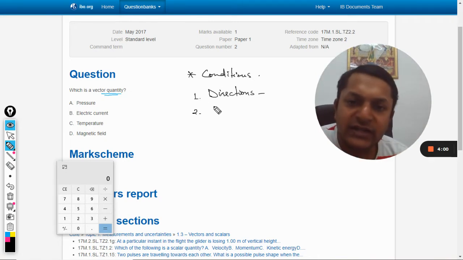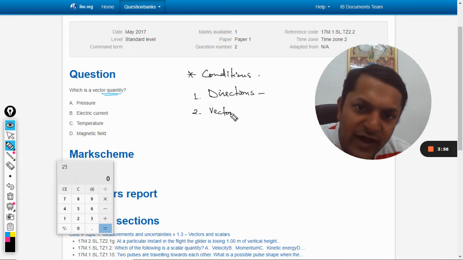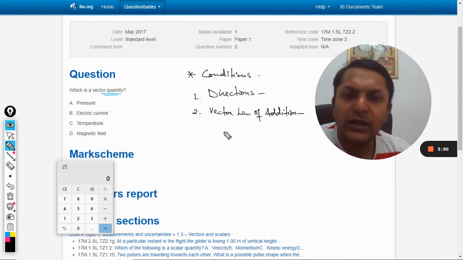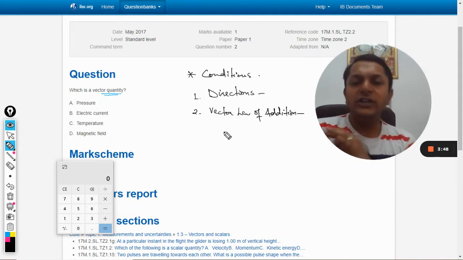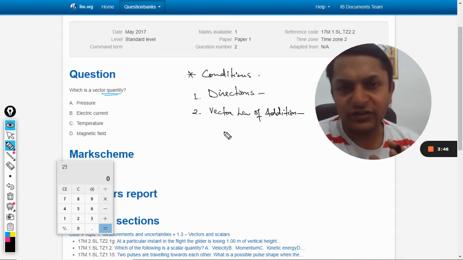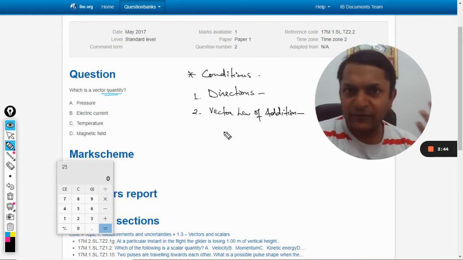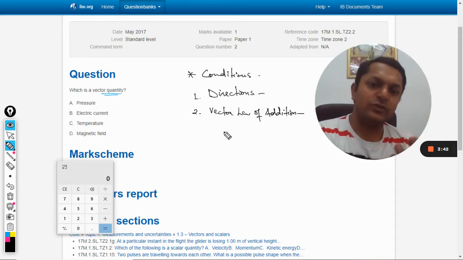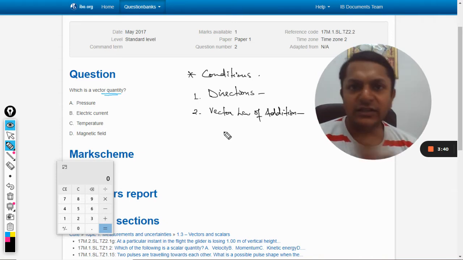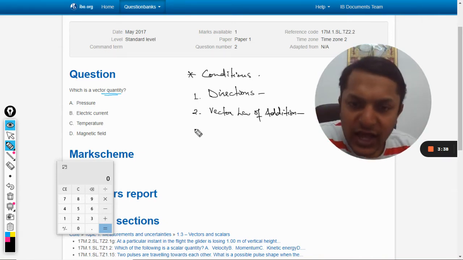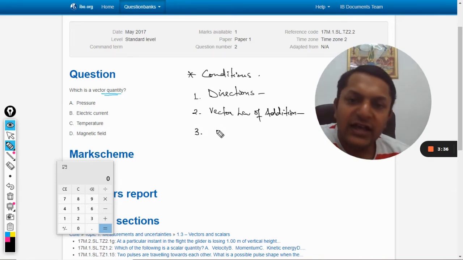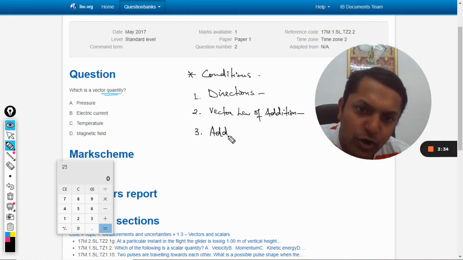Now point number two is they should all satisfy the vector law of addition. They should follow the law of vector addition, which we do in the chapter on vectors. So that has to be fulfilled. This is the number two condition, and the third condition is that the addition should be commutative.